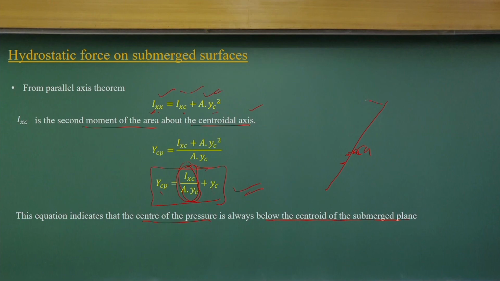And if you look at the pressure distribution, with a linearly increasing pressure, definitely the resultant force will not act at the CG; it will act below it, to keep an equal proportion of the area on both sides. That is what happens just below. So graphically you can understand it, and mathematically also we can see with the integrations that YCP will be this component plus yc.